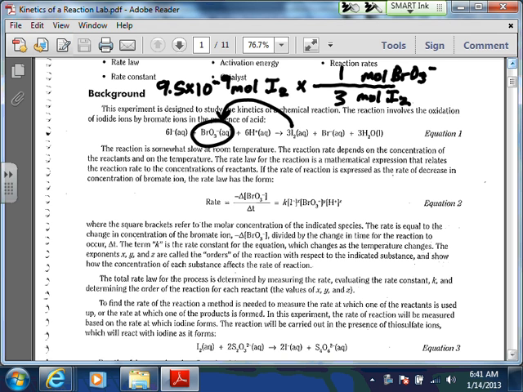So once I divide that by 3, I should need about 3.2 times 10 to the negative ninth moles of the BrO3 minus. Basically I'm just taking it through the stoichiometry using those two equations, and that's going to give me the number of moles of BrO3 minus that need to react in order for this reaction to take place.